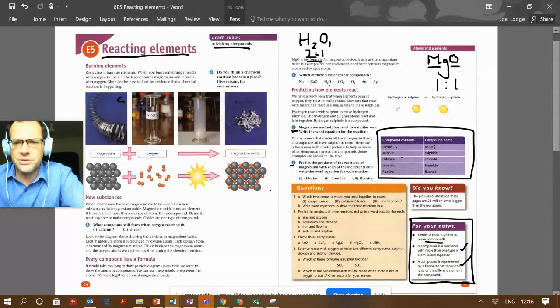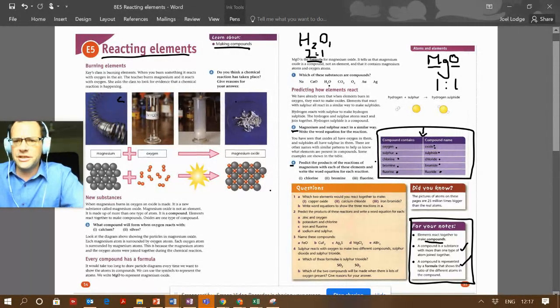If magnesium reacted with sulfur, we'd call it magnesium sulfide. If it reacted with chlorine, it would be called magnesium chloride. Bromine, bromide, fluorine, fluoride. So it's really important that we follow these rules. So this needs to be in your notes as well. That's a really important part of this lesson.